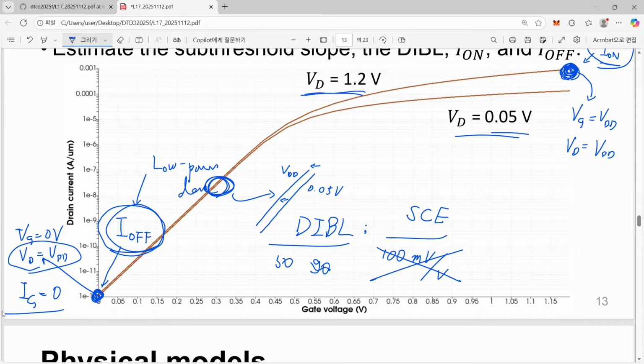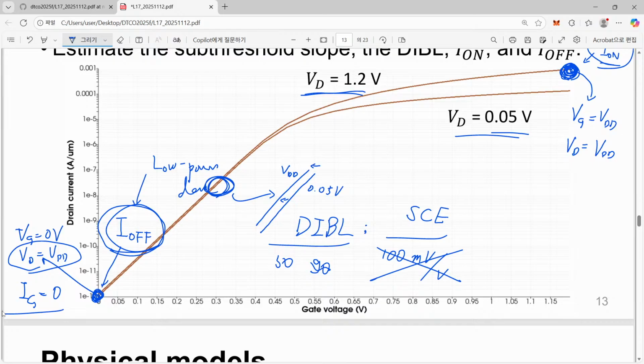So I want to ask you this once again. Since you are graduate students or senior undergraduate students, maybe you will be involved with some device research. Then please ask yourself, what is the DIBL of my device?